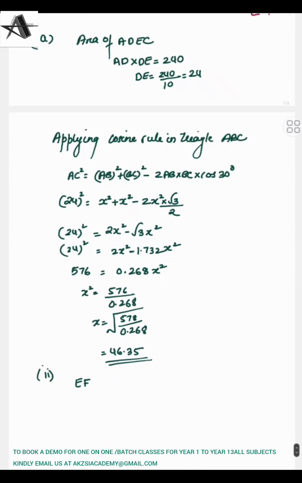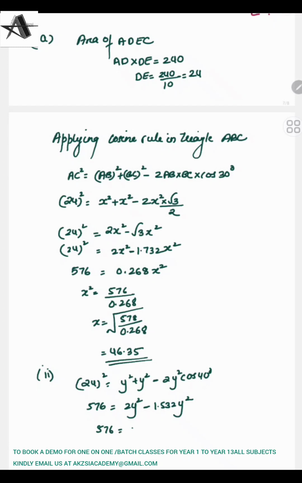So it's going to be 24 squared equals y squared plus y squared minus 2y squared cos of 40 degrees. This is 576 equals 2y squared minus 1.532y squared.